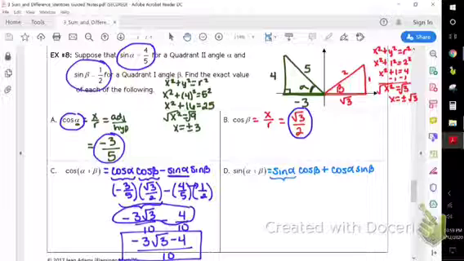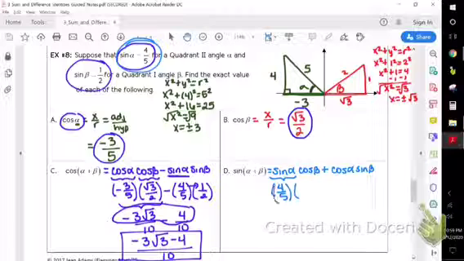Sine of alpha was given. It's 4/5. Notice, no sine there. It's a whole thing. Sine of alpha is equal to 4/5, so we switch the whole thing out for it. Cosine of beta, that's what we found up here in B. Cosine of beta was square root of 3 over 2.